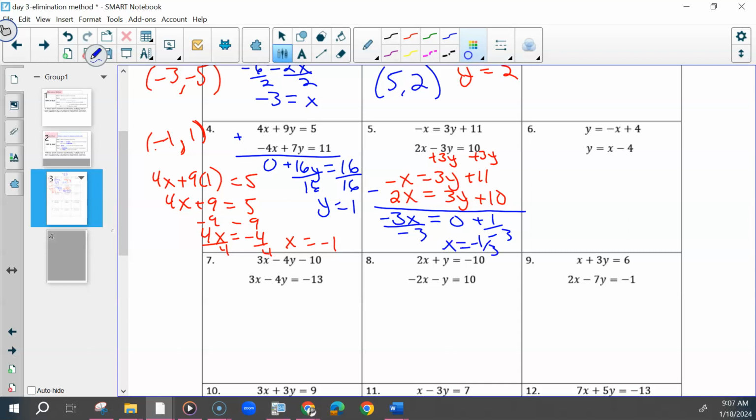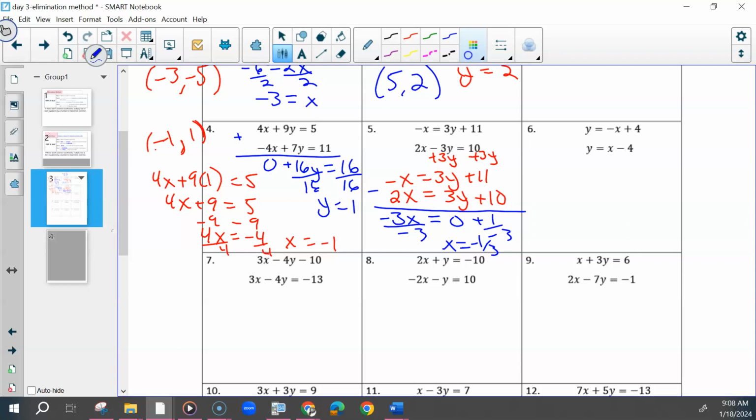So then when you get your value, you have 3 choices now to put your values back into. The original 2, or the equation you changed it to. Any of those, it doesn't matter which one. But let's say I put this into this one, the very first one.